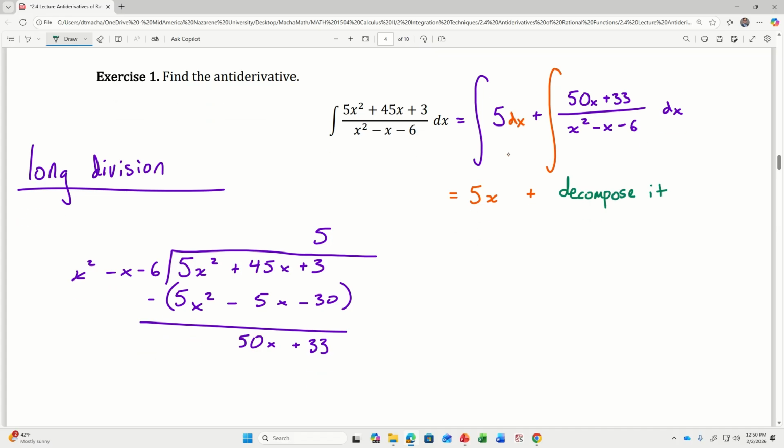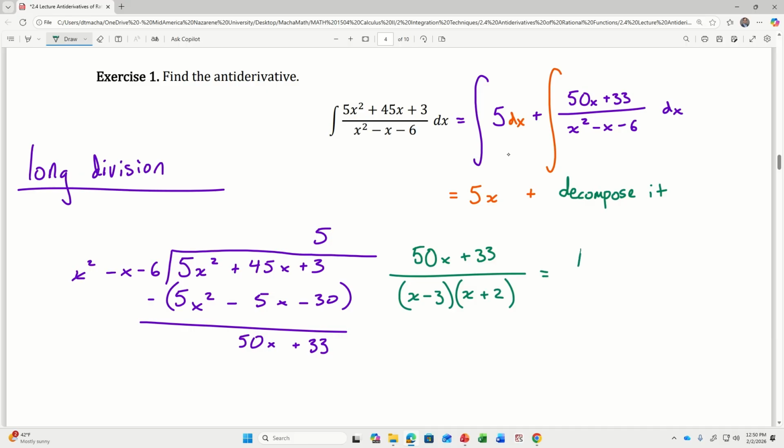And we'll do that here in green. All right, 50x plus 33 over, how do I factor x squared minus x minus 6? x minus 3 and x plus 2.